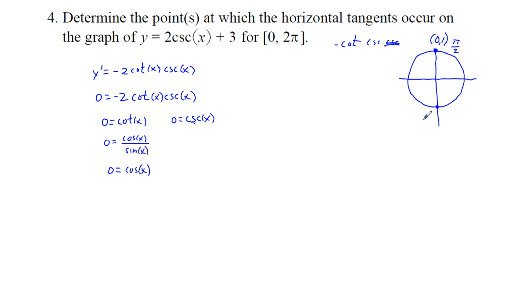And also down here, the coordinate pair 0, negative 1, and that angle is going to be 3 pi over 2. And so x is equal to pi over 2, x is equal to 3 pi over 2.